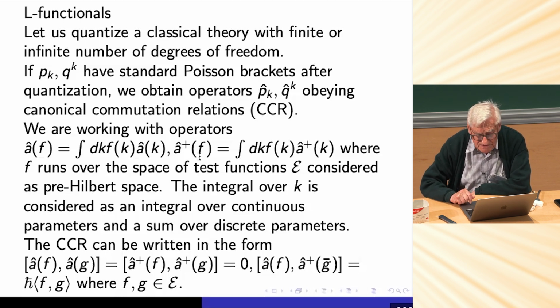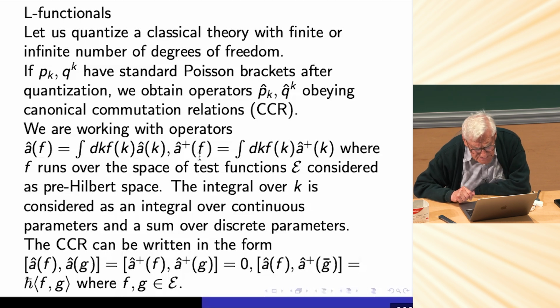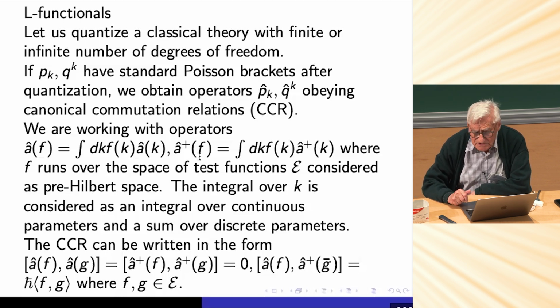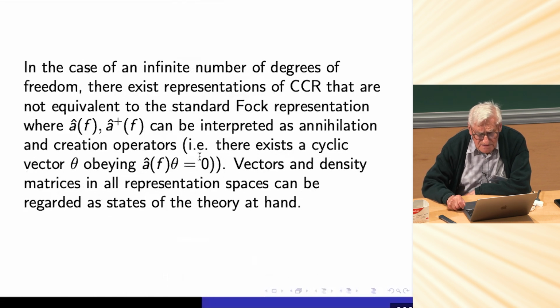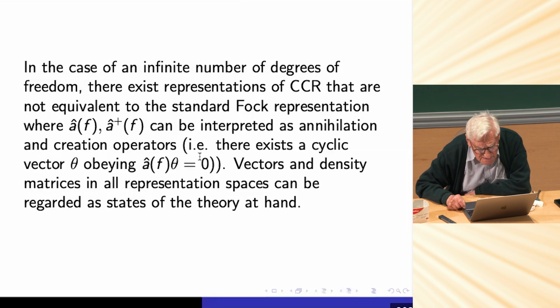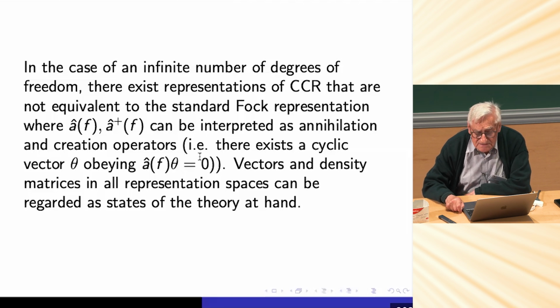So you have these operators A of F and A plus F that are usually called annihilation and creation operators. This is because you consider what is called Fock space, Fock representation of canonical commutation relations, where there exists a cyclic vector theta that vanishes after application of annihilation operators.